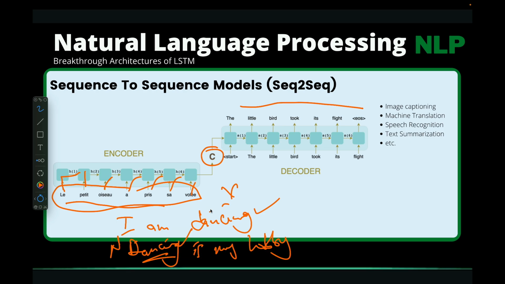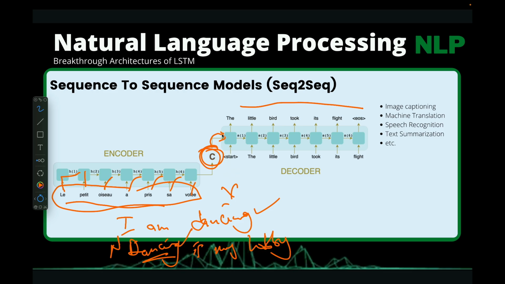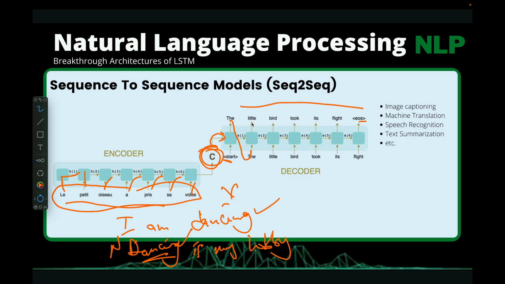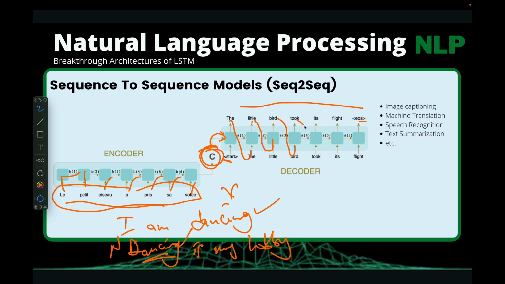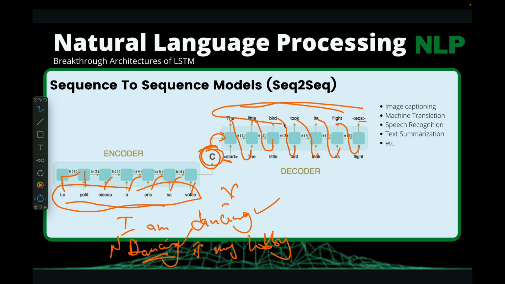So we have to get the entire context, so that we have the context vector, and that is the context vector that you're going to give to this one. Okay, so you have your start of string and then your end of string over here. You put in little, then you have bird, you put in bird, then took, you put in took, then its, you put in its, you have flight, you put in flight, and then you have the entire sequence of words.